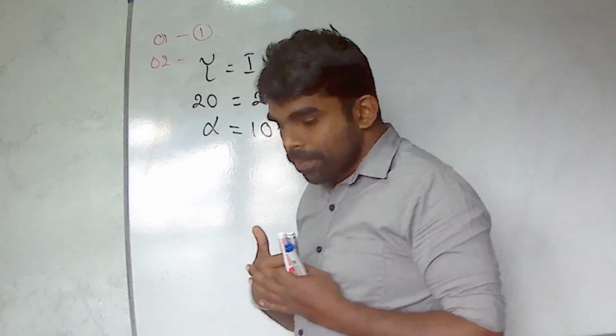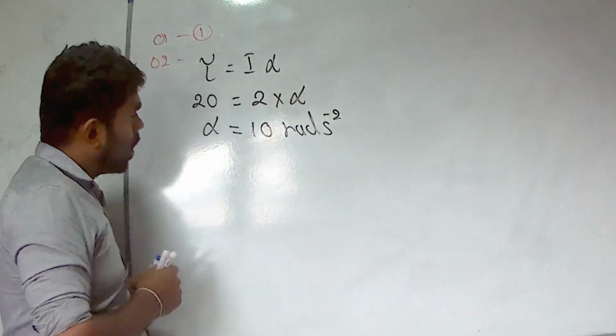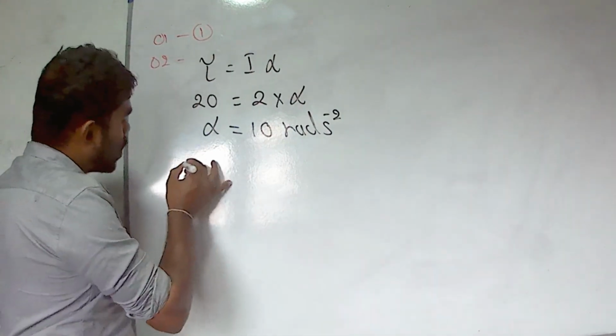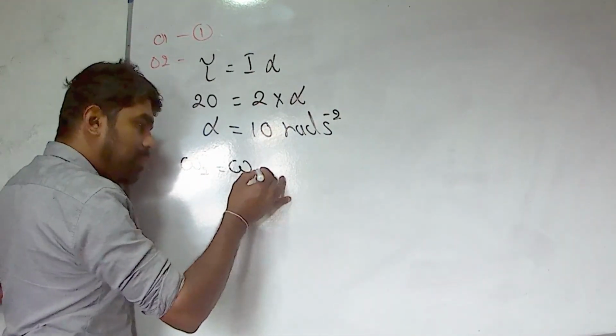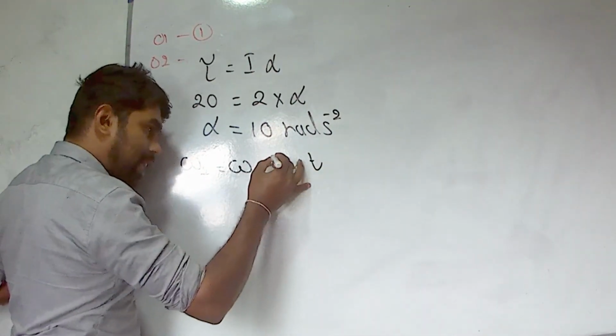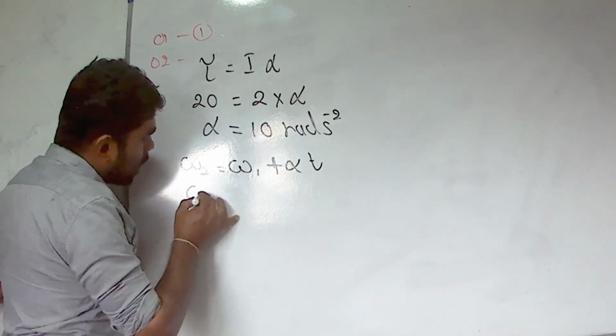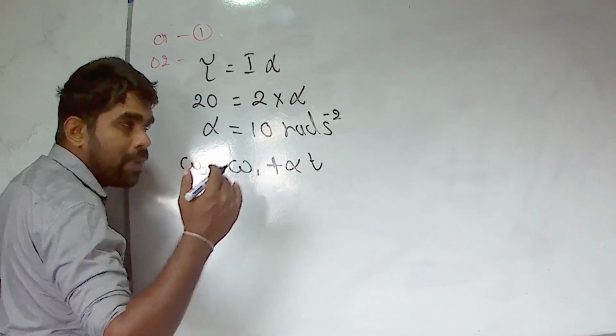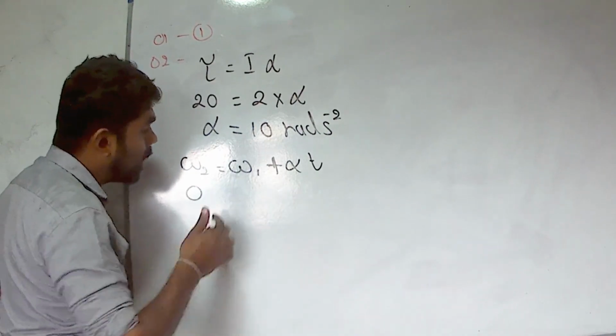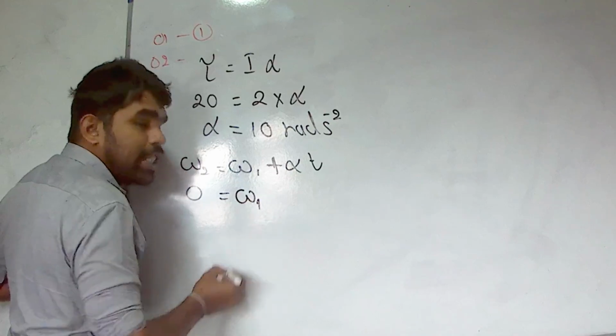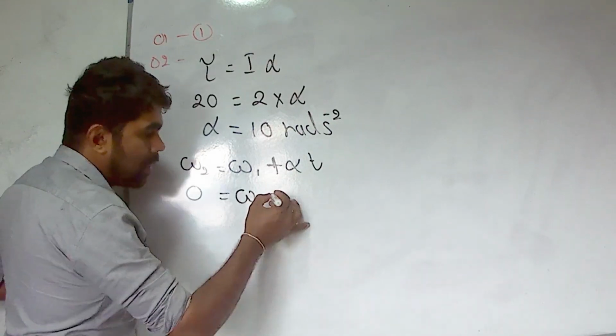Then I will use the equation omega 2 equals omega 1 plus alpha t to find the initial angular velocity. The final angular velocity is 0 because the object should be at rest in the final condition. We have to find the initial angular velocity omega 1.